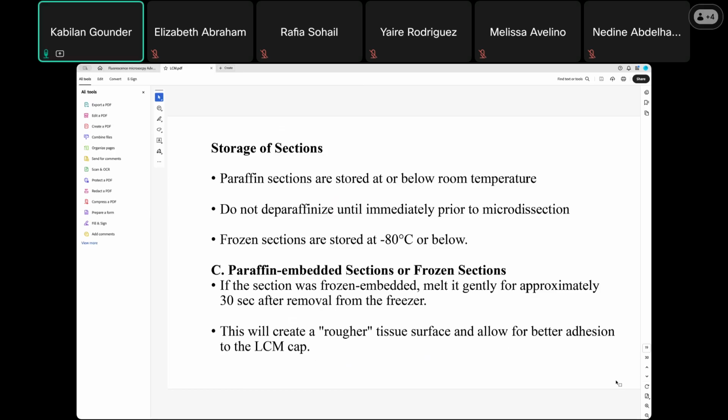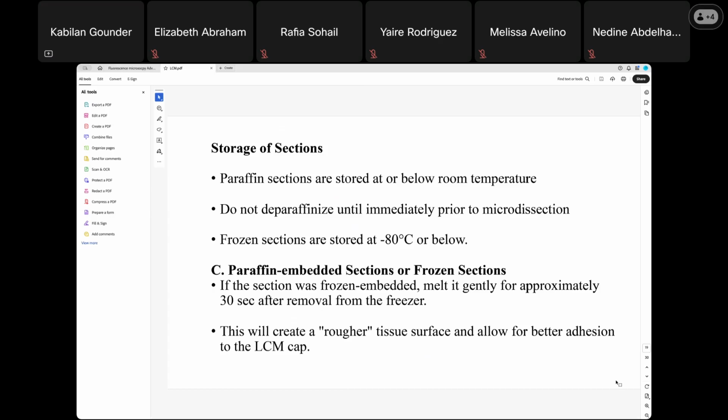Once you take the sections, you can store them at room temperature if it is paraffin sectioning. Do not deparaffinize until immediately prior to microdissection. So once you take the sections, leave them at room temperature, and wait until whenever you need them.